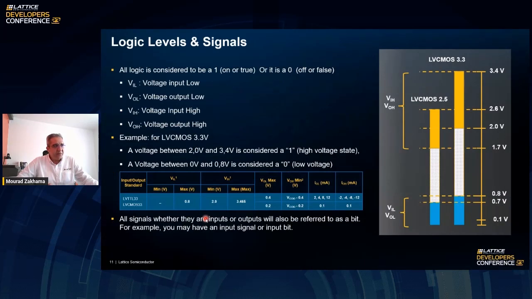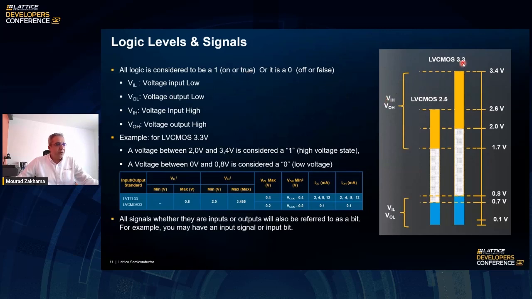As we said before, the FPGA is very flexible and all IOs can support multiple different voltages. And in order for the FPGA to see a 1 or 0, there are certain rules that have to be satisfied. The FPGA is compliant to standards that are available in the industry. If we take the example here for LVCMOS 3.3, there are VIL, VOL, VIH, and VOH, which are the voltages that need to be satisfied in order for the signal to be recognized as a 0 or as a 1.